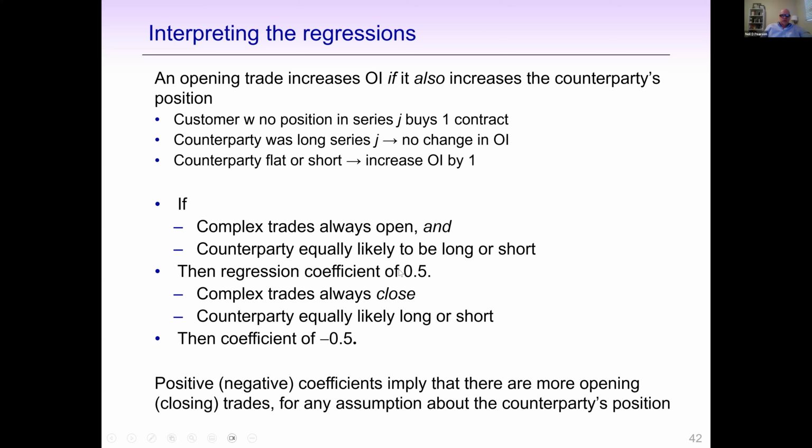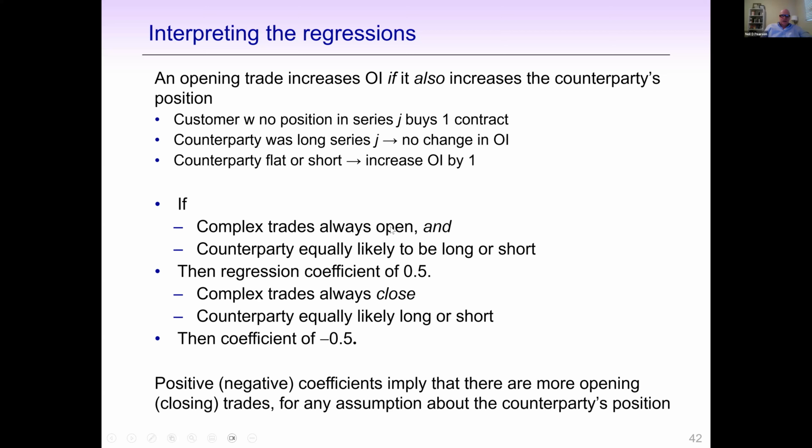So regression coefficients larger than 1/2 strongly suggest that most complex trades are opening trades, and regression coefficients close to -1/2 strongly suggest that almost all complex trades are closing trades.